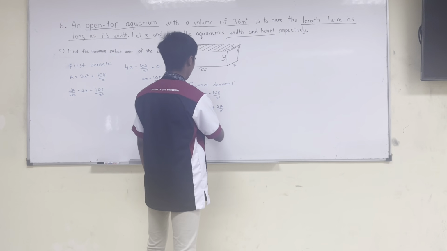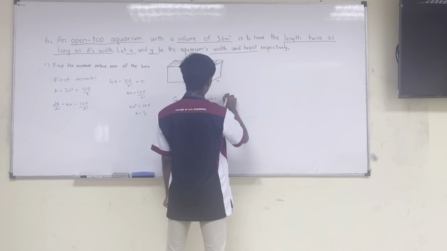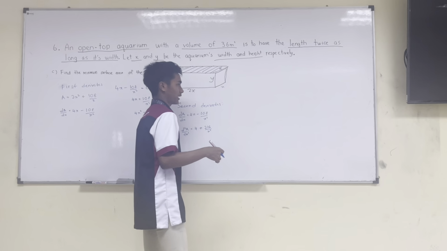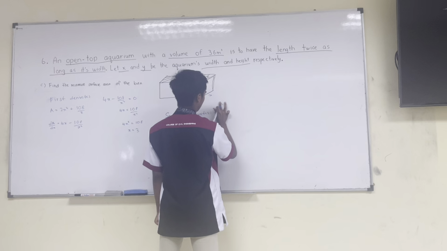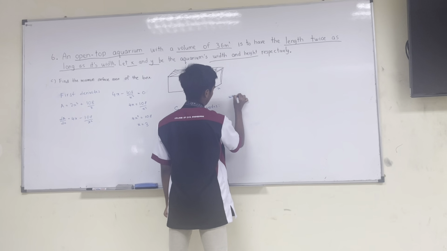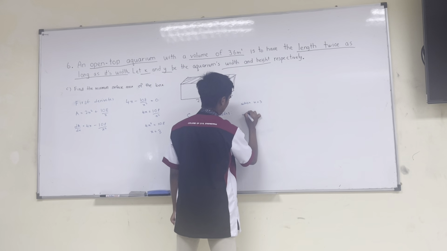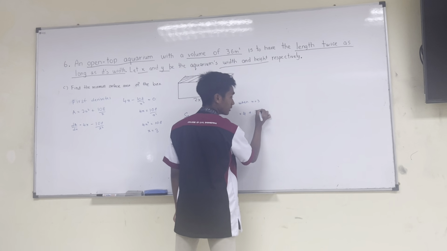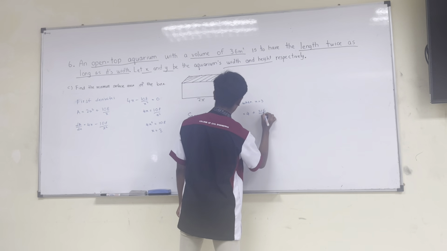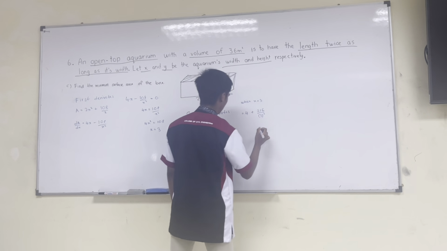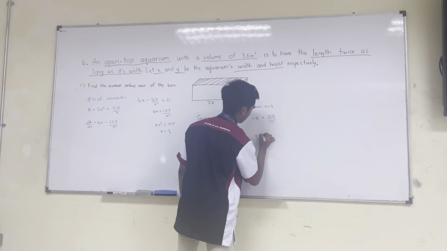We substitute the value of x we got before. When x equals 3, it will be 4 plus 216 over 3 cubed, which is 12.